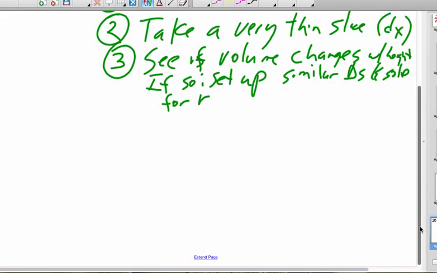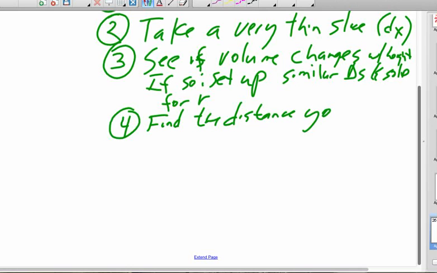Now, if you take a look, most of this is geometry. There's not a whole lot of algebra or calculus in all of this. Step 4, find the distance your disk has to be moved.